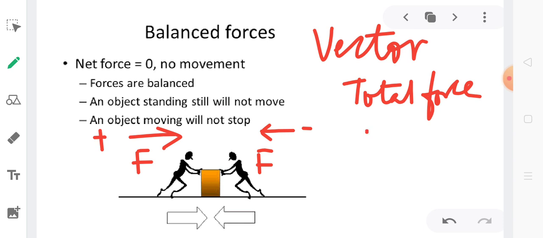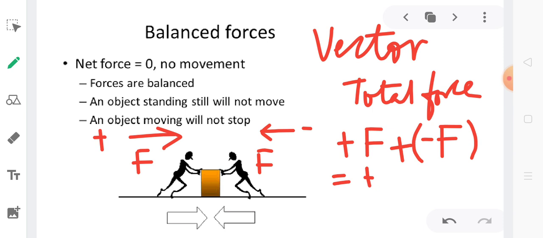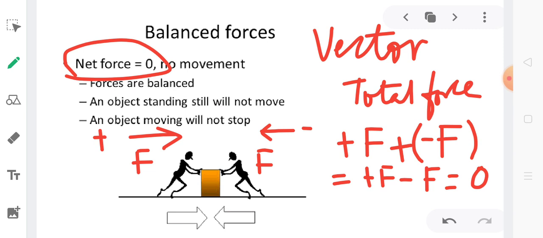So total force will be F plus F, but we have to consider the direction also. One force is positive while the other force is negative. So the total force becomes plus F plus minus F, and that turns out to be how much? 0. So that is what is written here, that net force is equal to 0, and so if no net force is acting on the object, there should be no movement.